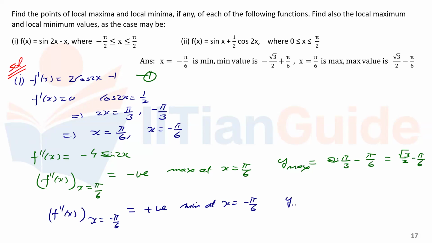And y minimum, I will write in the main equation, that is sine of minus pi by 3. That is minus sine pi by 3, that is minus root 3 by 2, minus of x. If I put minus pi by 6, it will become plus. So minus root 3 by 2 plus pi by 6 will be the minimum value. Clear? No problem? Clear to everybody?